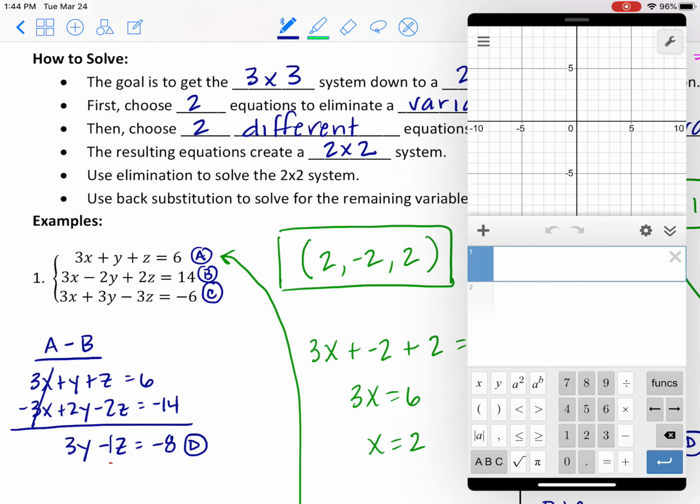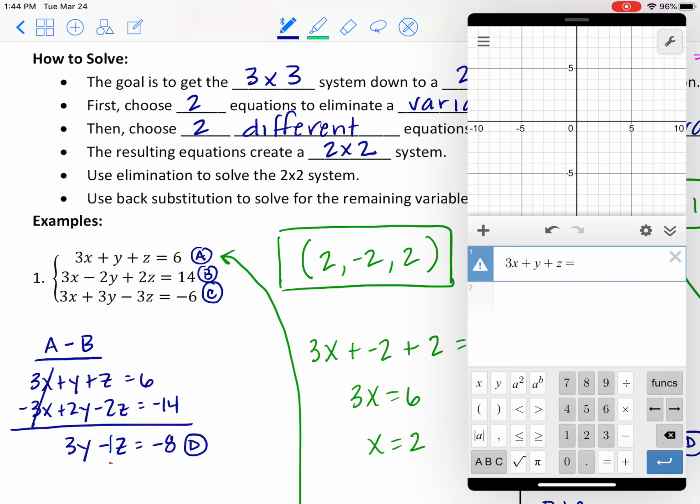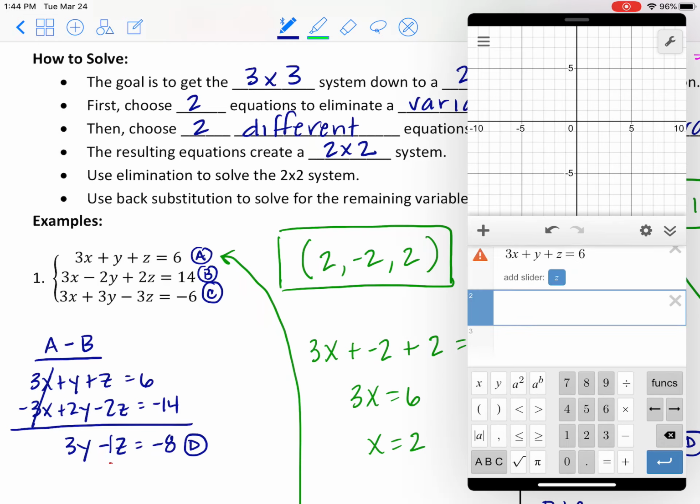Okay, so I'm going to type in the first equation into the first line. So I have 3x plus y plus z equals 6.